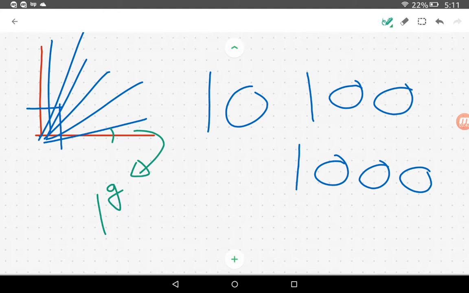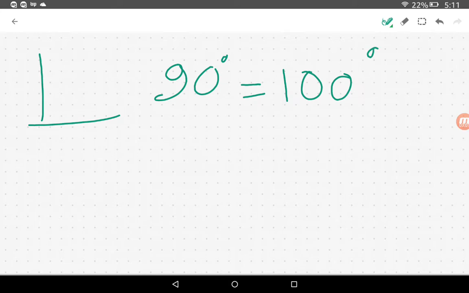So what does that mean? That means a right angle, which is 90 degrees in the degree system, is basically 100 gradians, right? I hope you can understand this. It is also called one gon.